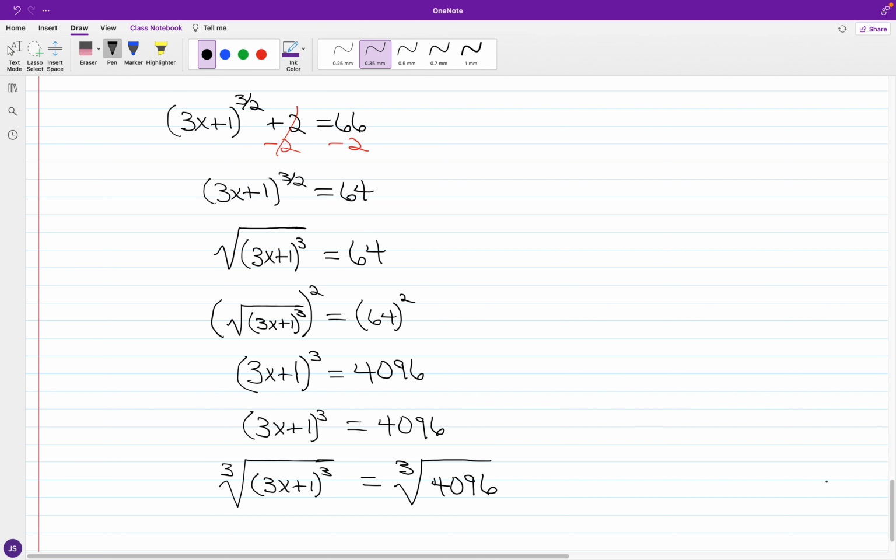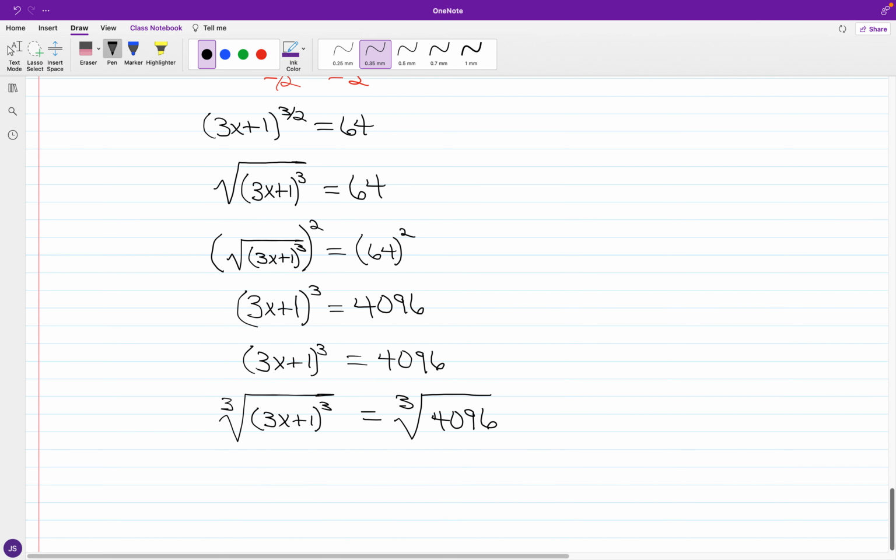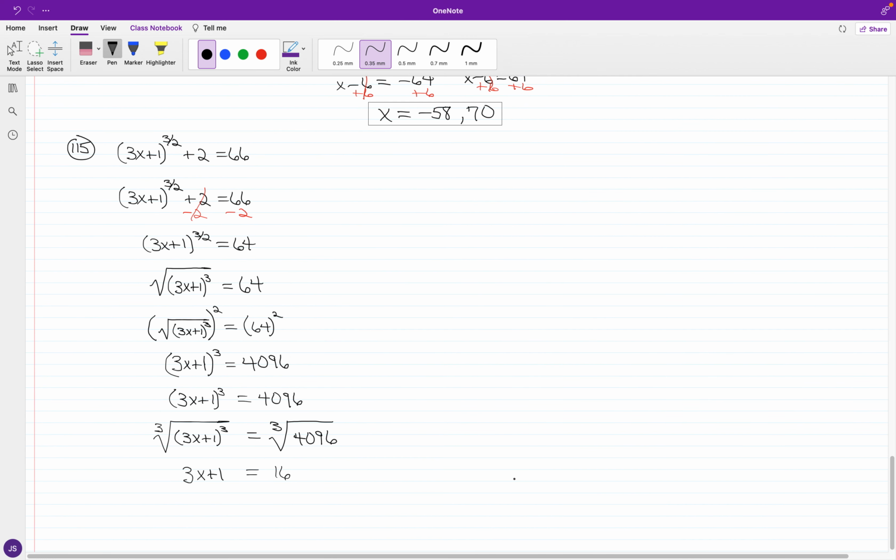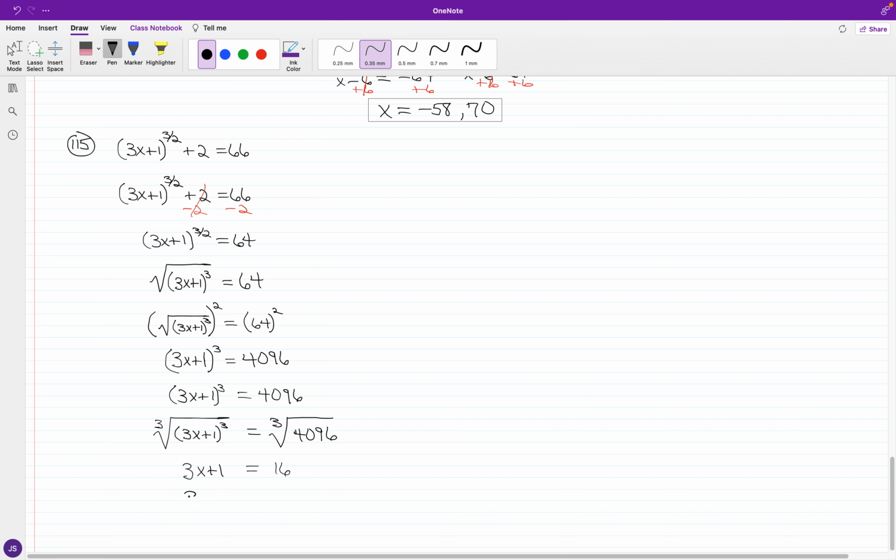So we have here the cubic root of the cube of 3x plus 1. This will be 3x plus 1. And the cubic root of 4,096, that will be 16. And for the two-step linear equation, again, I can isolate the x term.